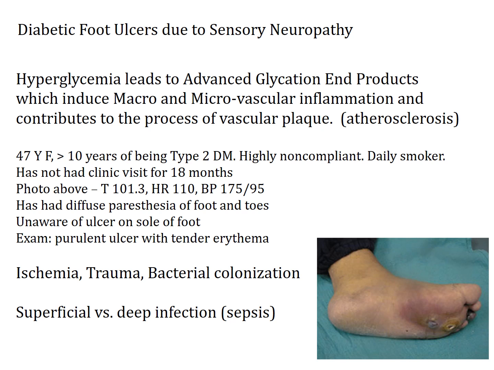He's got a fever, he's tachycardic, he's hypertensive, he's got diffuse paresthesias and numbness of the feet and toes. He's unaware that he's had an ulcer on the sole of his foot, and now this ulcer has become purulent, tender, and erythematous. So again, you can see the combination of ischemia, trauma, and bacterial colonization can lead to these very profound, ugly, high-risk diabetic foot ulcers.